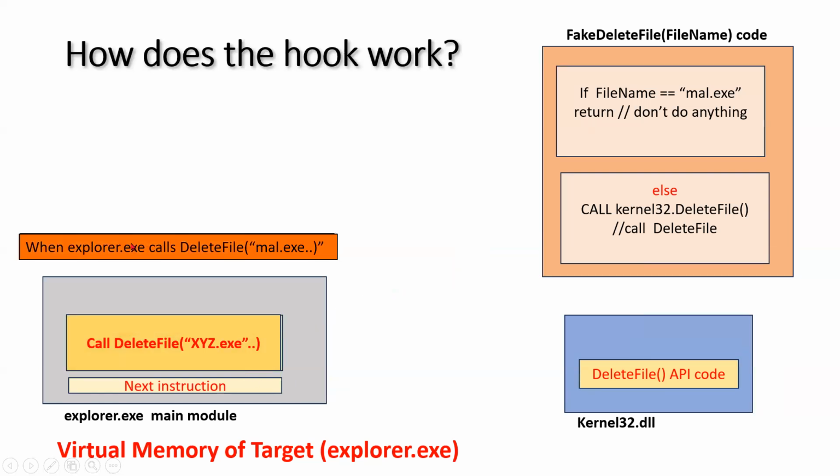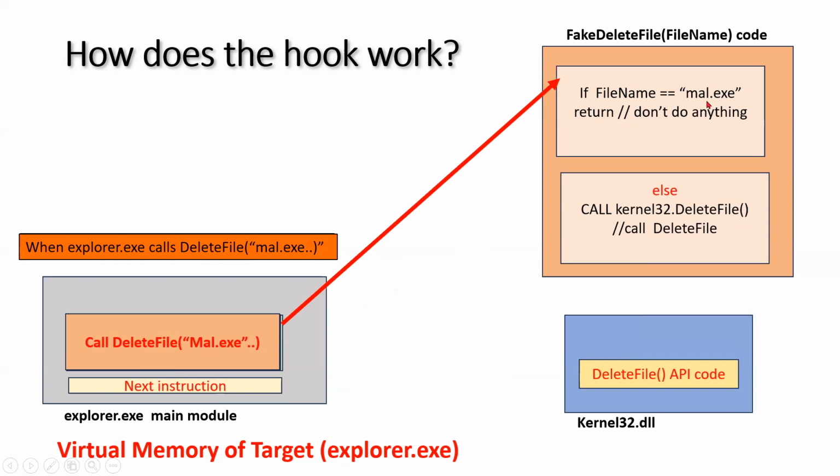Now, suppose somebody tries to delete the file mal.exe. Again, what happens here? There would be a call to DeleteFile with the parameter mal.exe. When this is called, the code is redirected to this point, where there is a check for whether the file name is mal.exe or not.